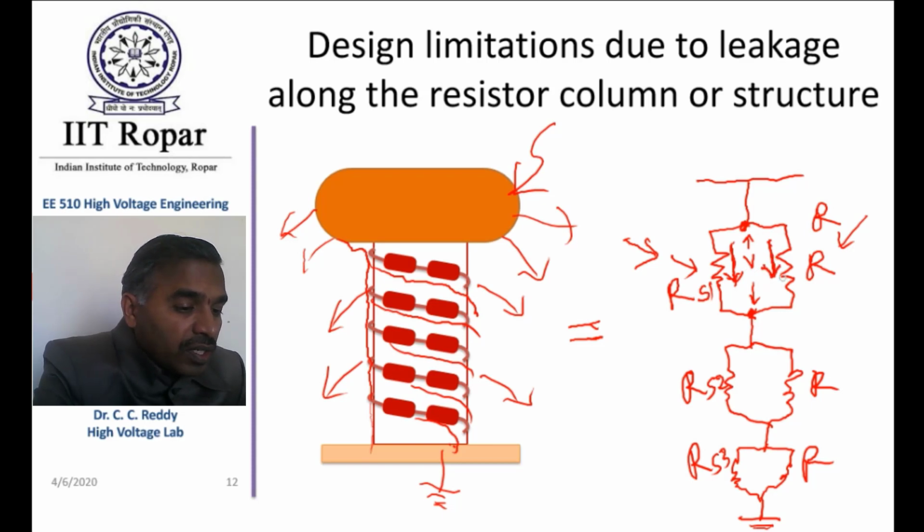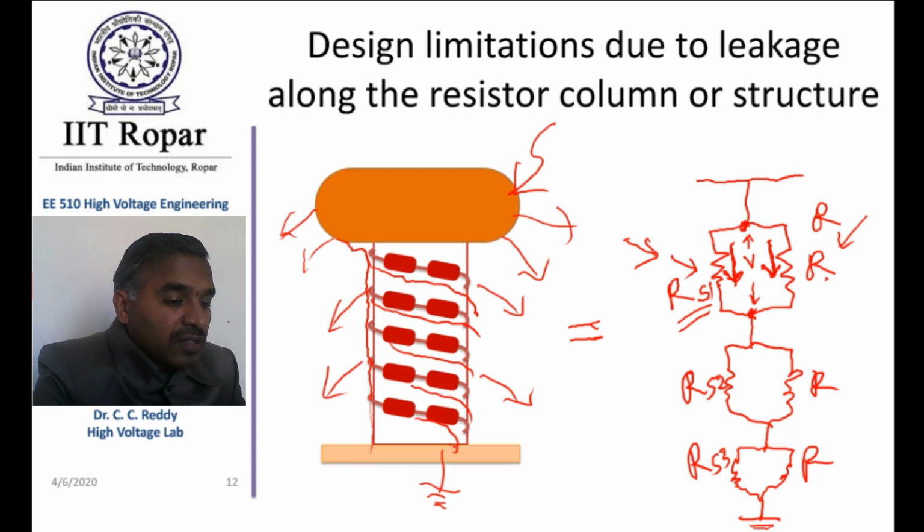So if our divider resistors are of higher value than the surface leakage resistances, or in other words, if the current through the surface leakage is more than the current through the divider, then what will happen?